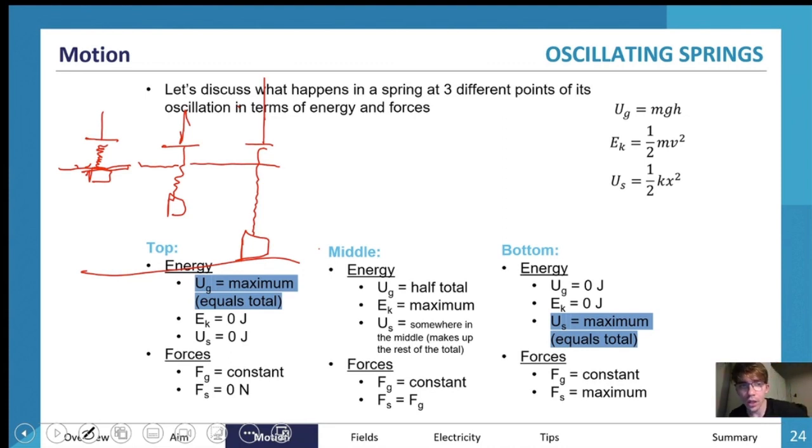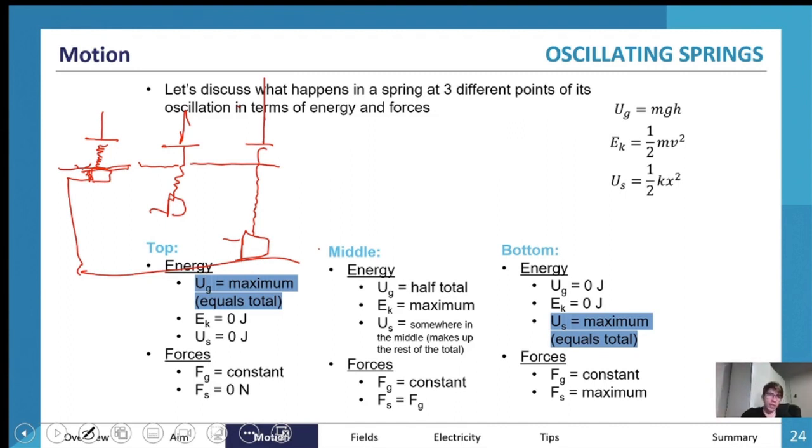If we are assuming those key criteria, at the top there is maximum gravitational potential energy because of the maximum height that the spring is raised above the floor. Midway through there will be maximum kinetic energy, and at the bottom there will be maximum elastic potential energy but no gravitational potential energy and no kinetic energy.